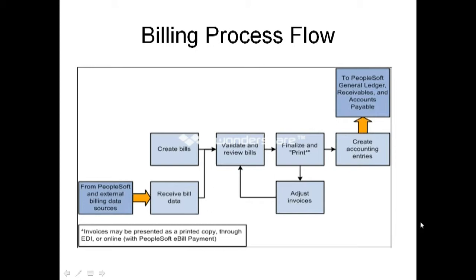That's the basic flow, but there are other things like you can get the data from an external billing data source apart from the delivered contract, order management, or asset management modules. From contract, we get the bills from the contract module itself, and also from the costing module.